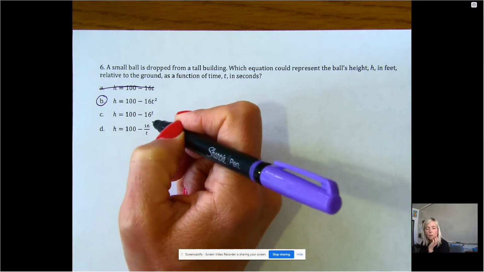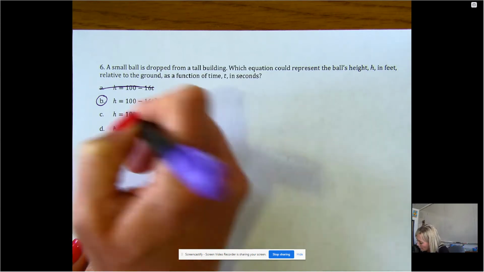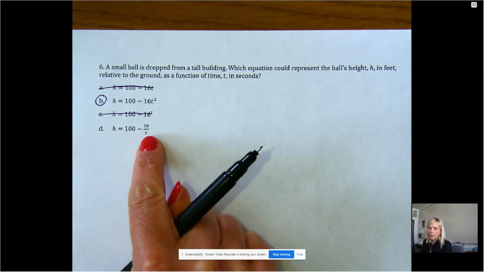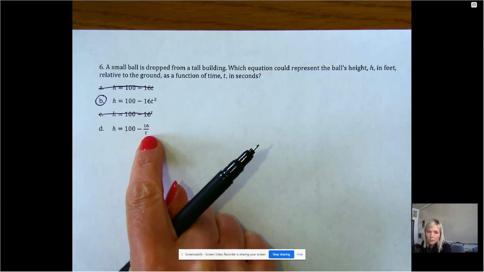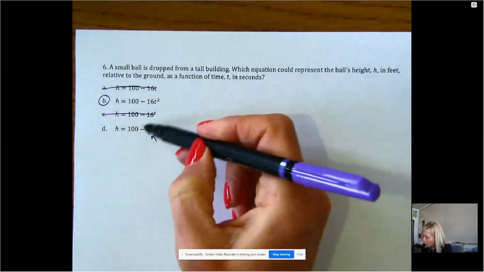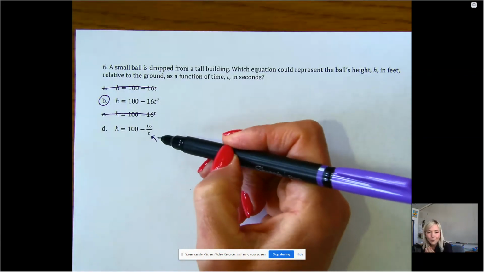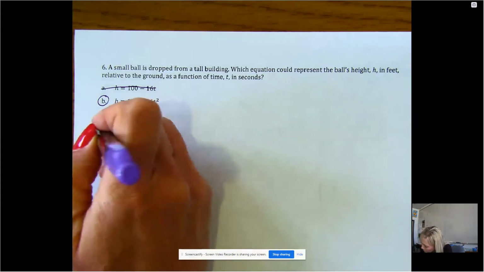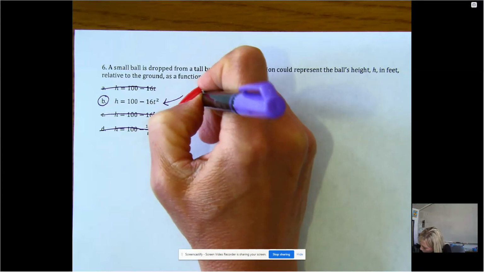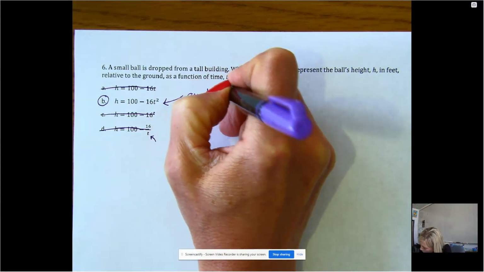I know we haven't really worked with exponential functions much at all this year, but it's not going to be C. And then D, interestingly, this would actually imply that the ball's getting slower as it approaches the ground, because as the value of t increases, the whole fraction will get smaller and smaller, and so you're taking less away each time, so it's not D. But this is the one, this is the quadratic.